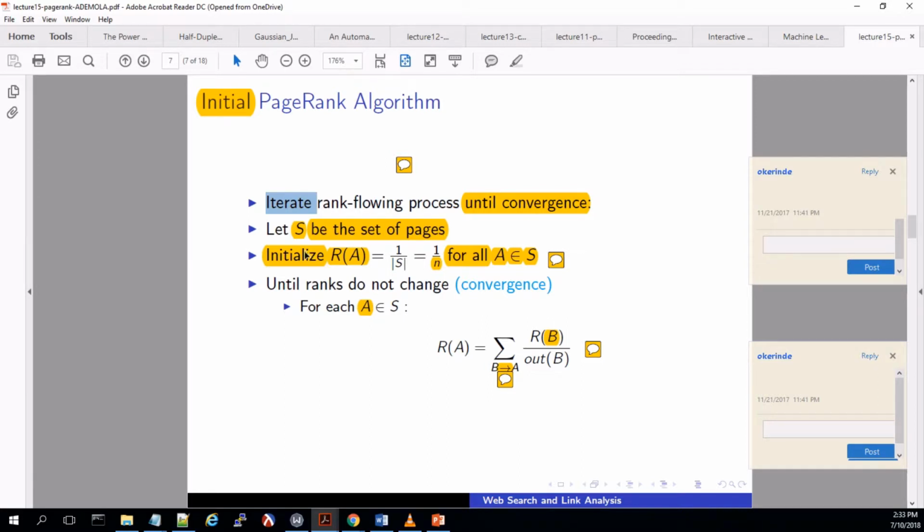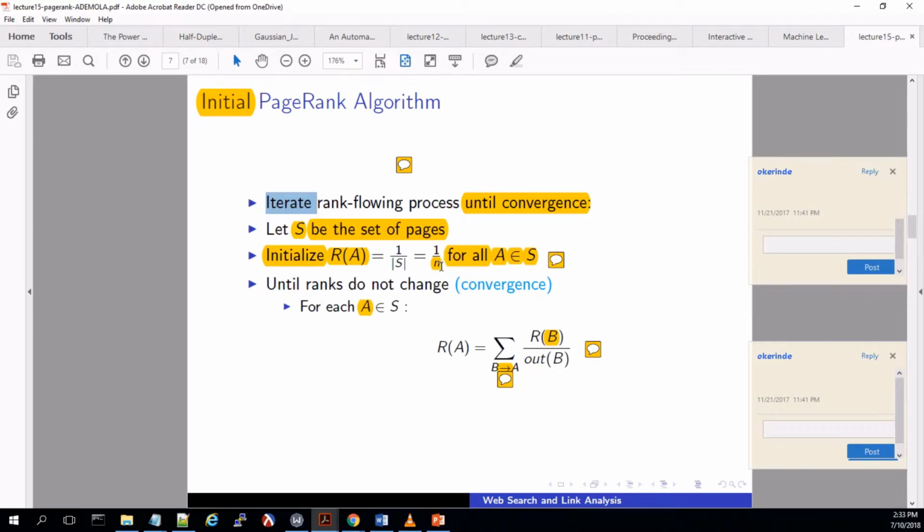So initially, you will see that R of A, that is the rank of A, where A is a member of the set of pages, the rank of a particular page, is initially equal to 1 over modulus of S, the total number of pages in the graph that we are considering.